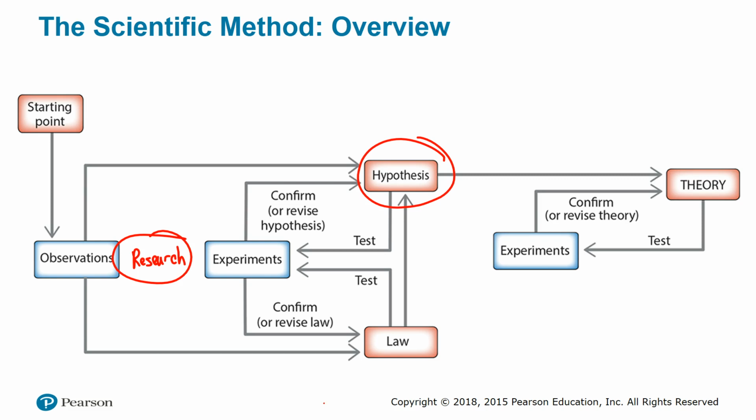From there, if it's a law, there's really no need to test it anymore. Do we really need to test on Earth that an object accelerates when it's falling at 9.8 meters per second squared? No, it's going to happen that way over and over again.